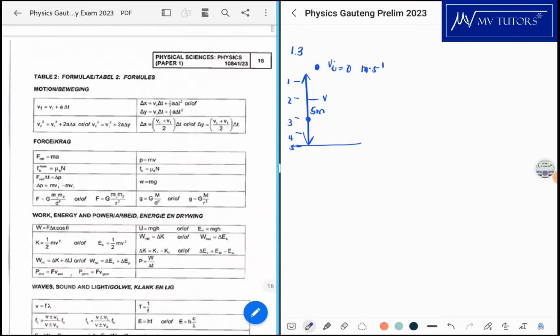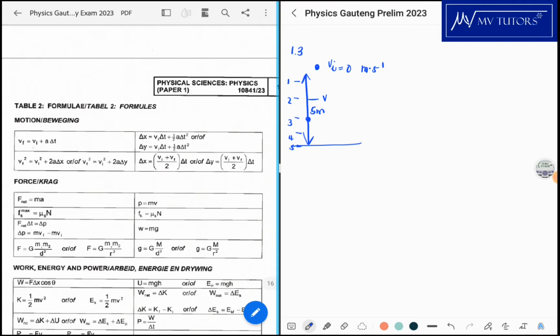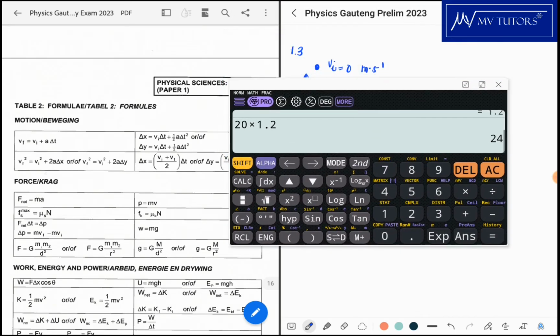Let's not dismiss it. If I wanted to know the final velocity, I have the initial, which is 0. I don't have time. Okay, here, actually, we could calculate the final velocity using the final velocity squared. Let's just entertain the idea, because in an exam you want to be sure.